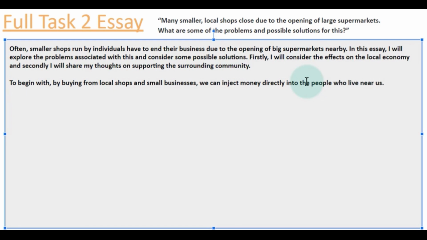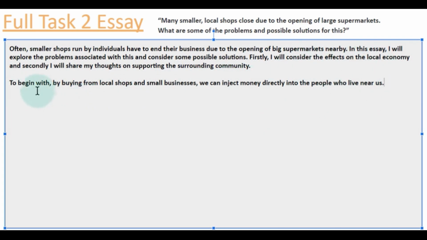I'm just trying to avoid repeating myself too often, so probably a slightly strange way of saying we can inject money directly into the local economy, but I feel like I might say this often, so I'm trying to think of, whilst writing, different ways to say local economy.